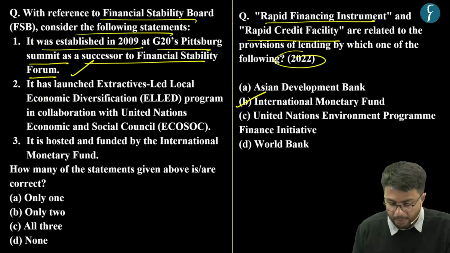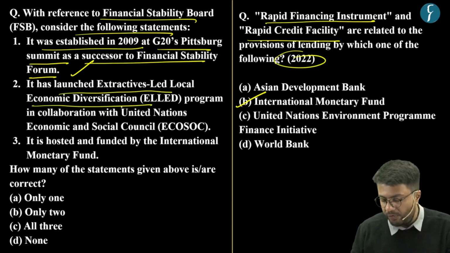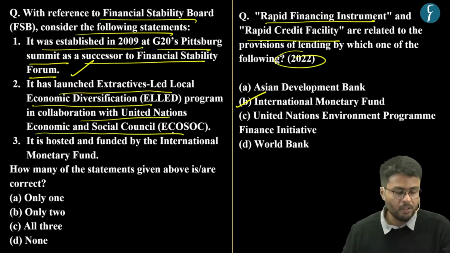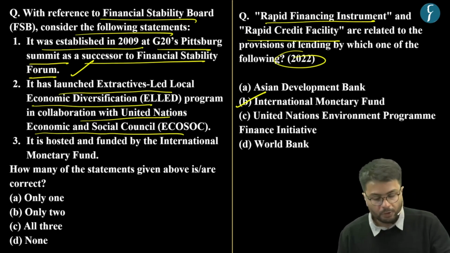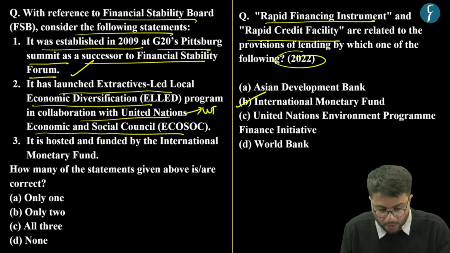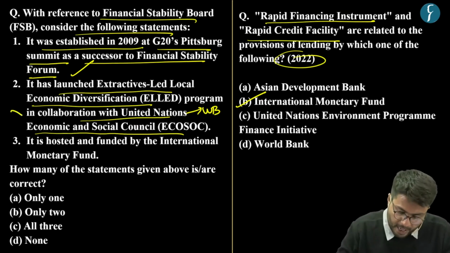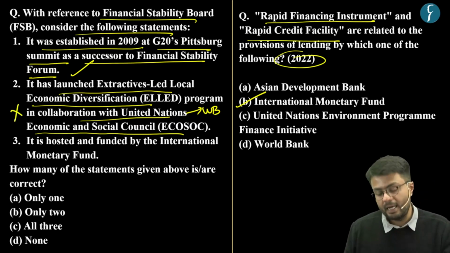Now, the second statement says that the Financial Stability Board has launched an extractive-led local economic diversification program in collaboration with the United Nations Economic and Social Council. Now, this particular program was introduced by the World Bank and not the Financial Stability Board. Hence, this second statement is incorrect.